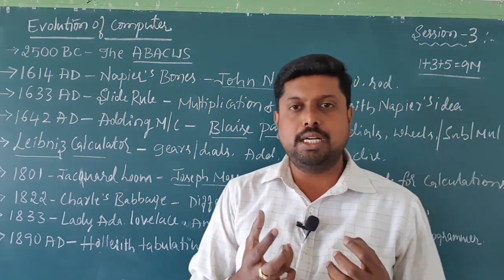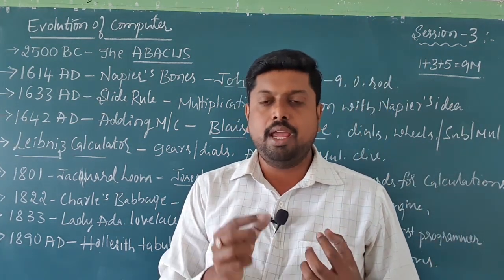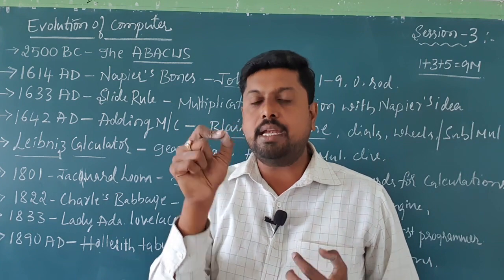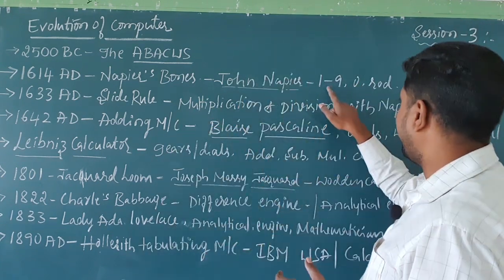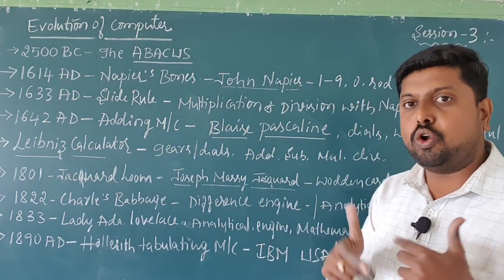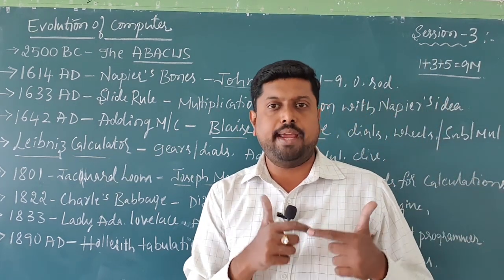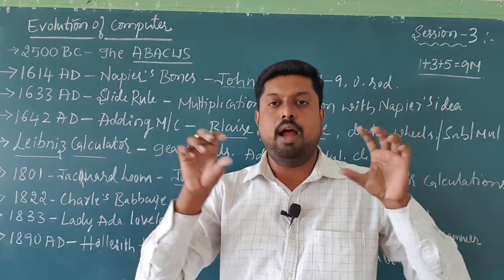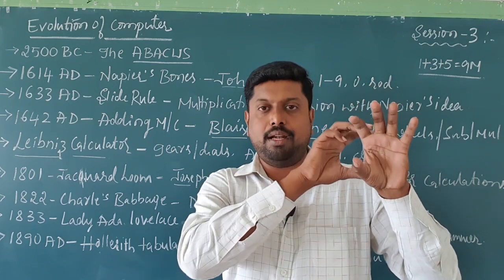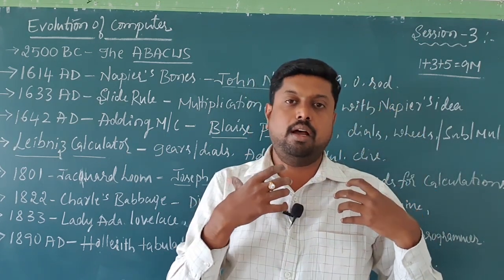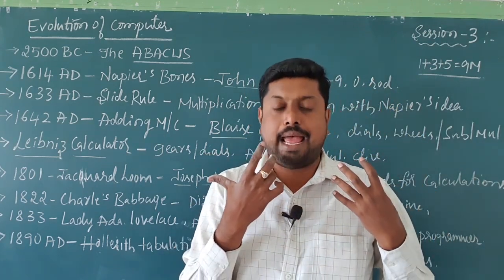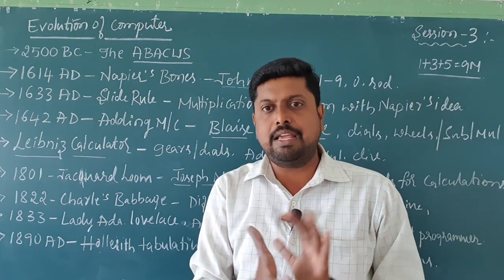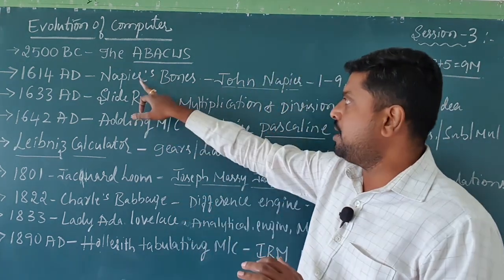In this particular device, it has 1 to 9 rods and a 0 rod. With the help of those rods, at that time we had a chance to do calculations. That is the device we call Napier bones.